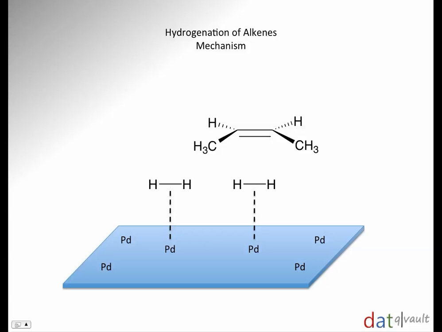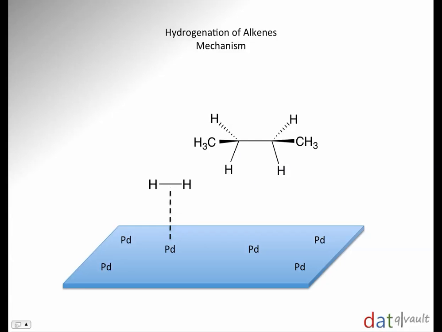One side of this molecule is going to come down, get close to this hydrogen molecule, and then the electrons from this hydrogen-hydrogen bond can come up and attack one of the carbons of the alkene, and then the double bond of this alkene will then come down and, I guess, attack the other hydrogen of the hydrogen molecule. This whole reaction is going to happen on only one side of the alkene, which gives us syn addition of the hydrogen across this alkene double bond.